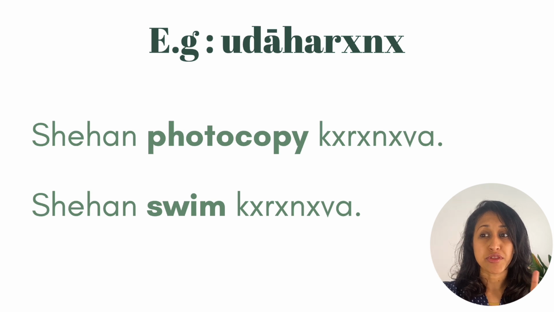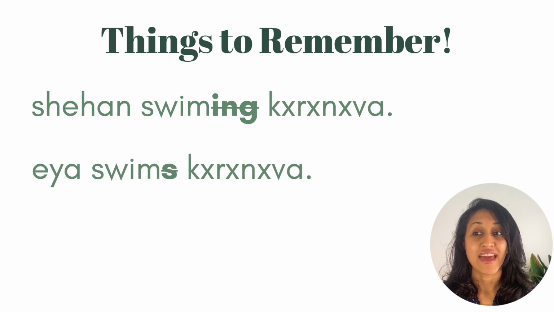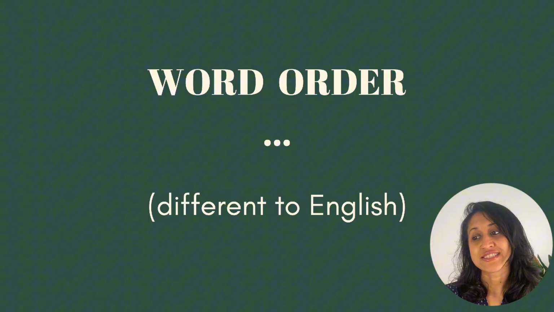With those examples, we can't say swimming karanava, or Eya swims karanava. We basically just take the root word swim and then add karanava to it. That's the way to use an English verb in Sinhala.